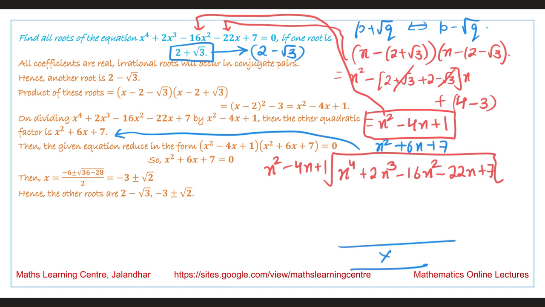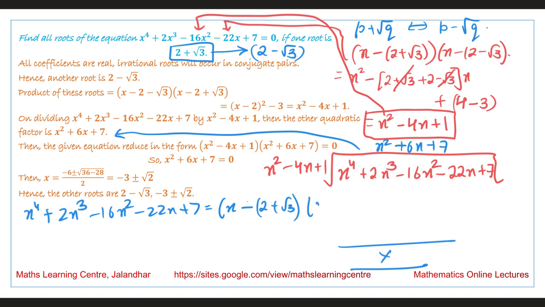So we are saying that this polynomial x raised to power 4 plus 2x cube minus 16x square minus 22x plus 7 can be written as x minus 2 plus root 3 into x minus 2 minus root 3 into x square plus 6x plus 7.